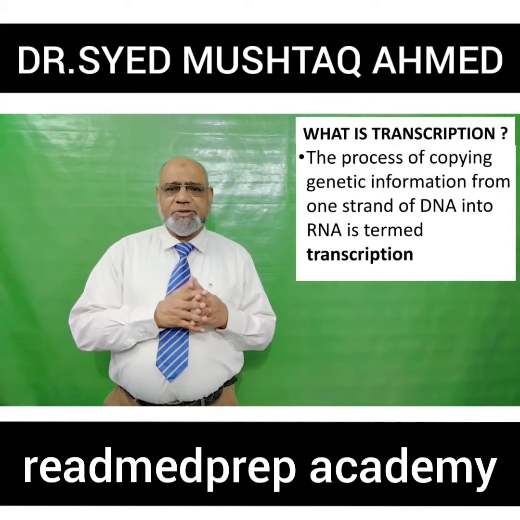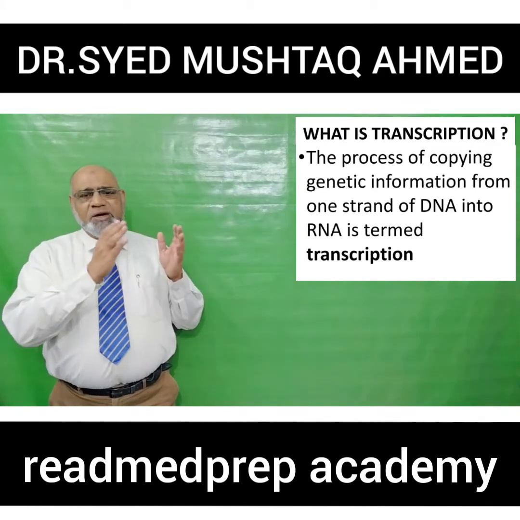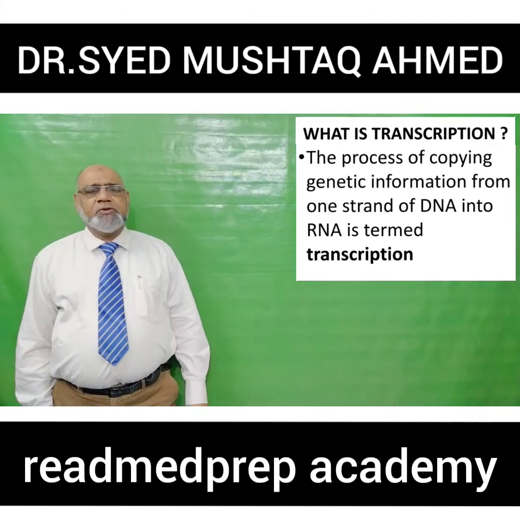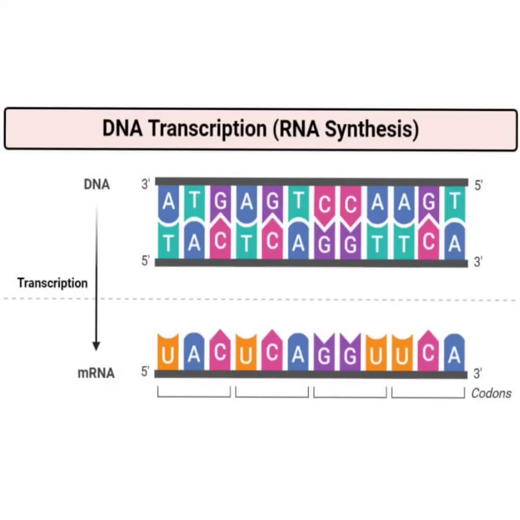What is transcription? The process of copying genetic information from one strand of DNA into RNA is termed transcription. Here you can see that the DNA is transcribed into a messenger RNA.